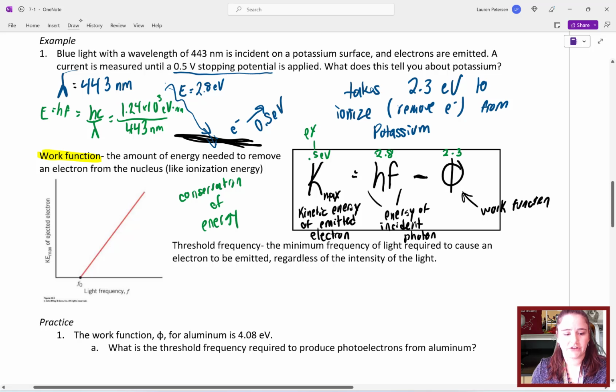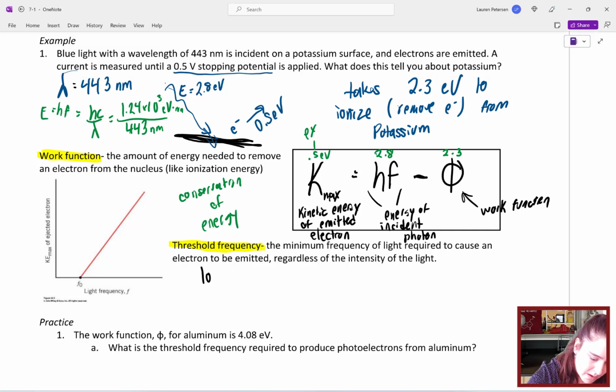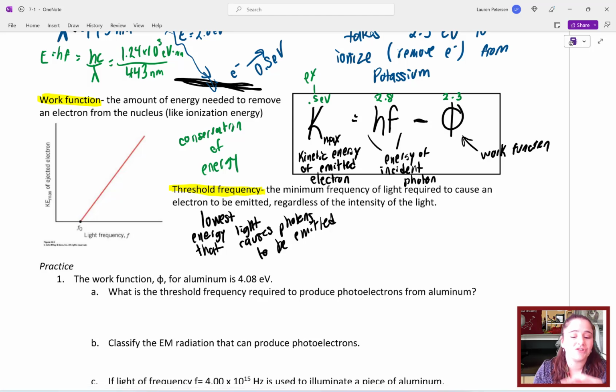Now, the threshold frequency is that minimum frequency of light, the lowest energy light that would cause electrons to be emitted. Since it is that lowest energy light, you're not going to have any leftover energy.